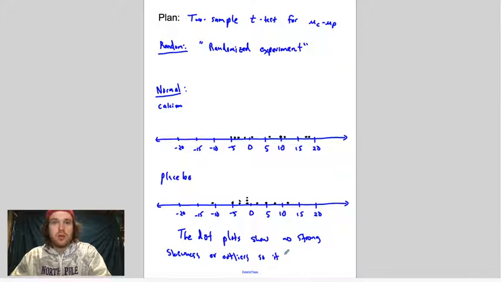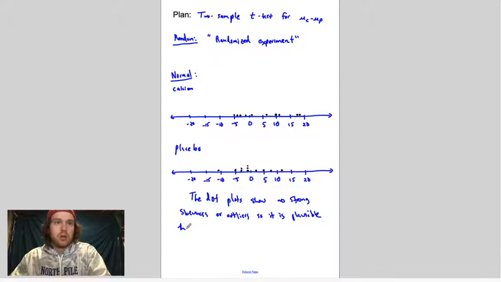So it is plausible the data come from normal populations. Remember, we're checking two populations here.